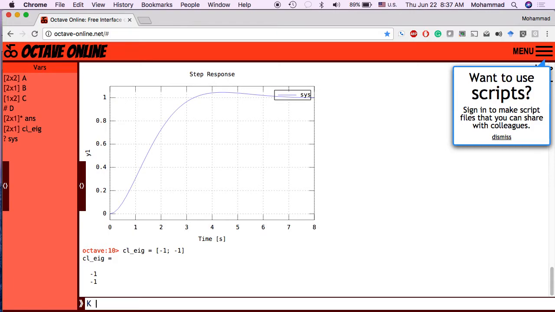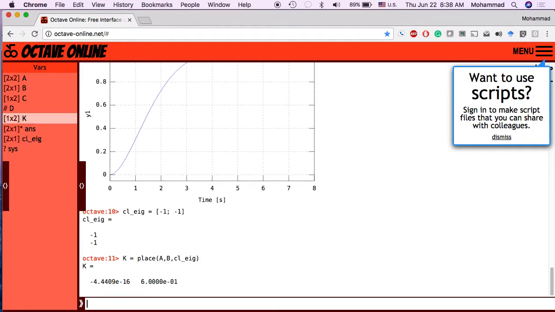So k, the control gain vector, is equal to place of A and B of open loop, and I'll give it the vector in which I have stored the desired location of the closed loop eigenvalues. So I'll give it the A matrix, B matrix, both from the open loop, and then the desired eigenvalues, and this command should help me in finding k.